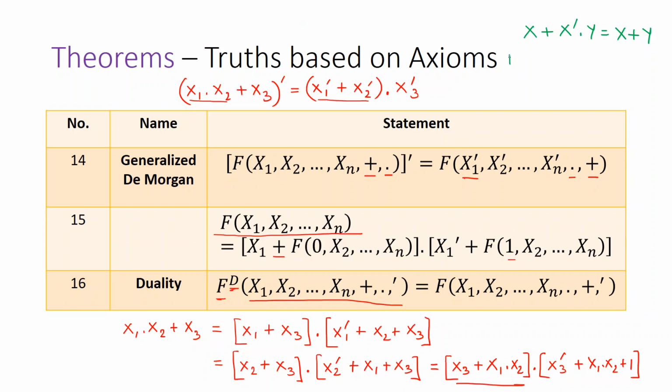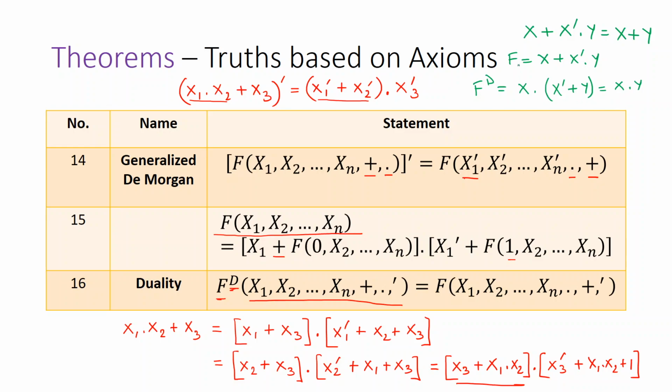Suppose f is x plus x dashed y, then what would be fd? Fd would be x dot x dashed plus y. Only OR and AND operations have to be interchanged, nothing else. And then you expand this, the first two would combine to give 0, and the result would be x dot y.